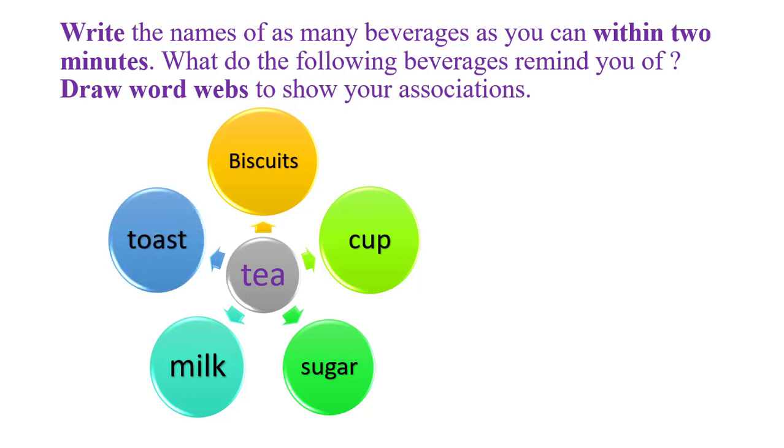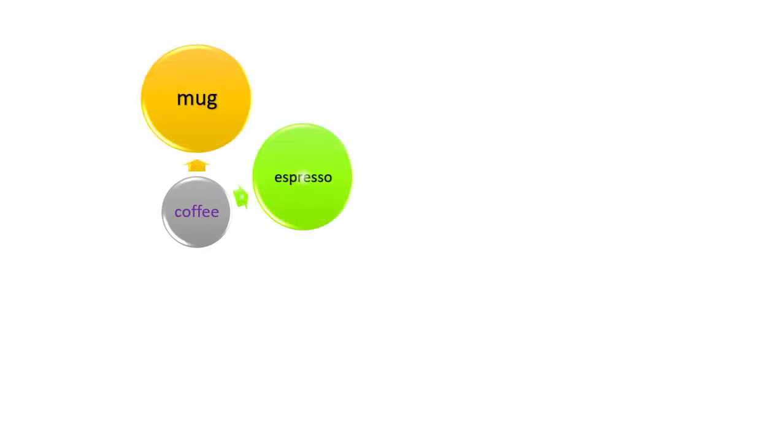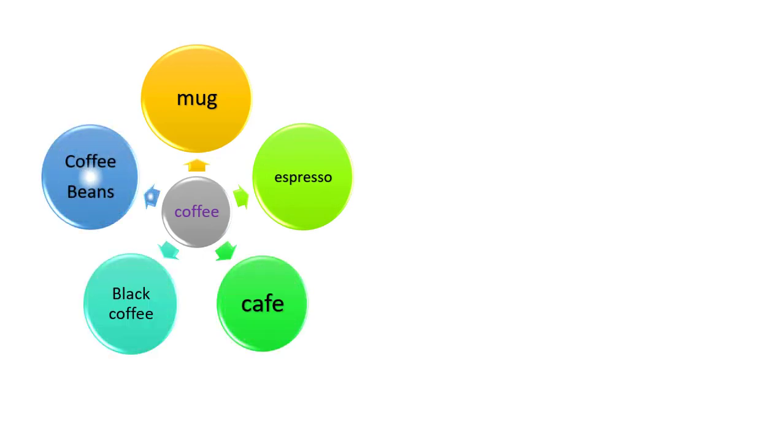There are so many words related to tea. You can write kettle, coffee, sieve, brew, saucer. Write as many words as you can within 2 minutes. Our next word is coffee. We can write words related to coffee: mug, then we are reminded of cafe, black coffee or coffee beans.